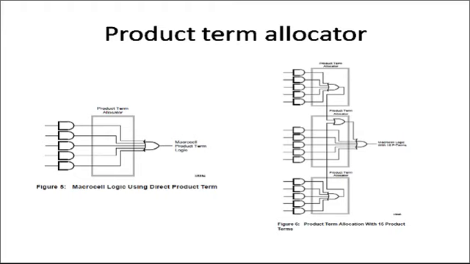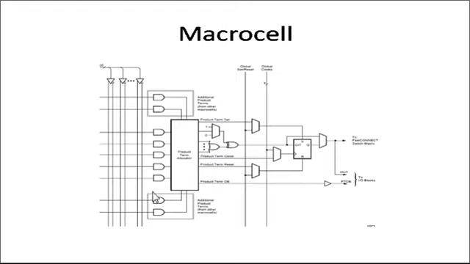Listen carefully, I have not shown you the programmable AND array only because it is just vertical lines and horizontal lines, and at every crossing you will have a programmed connection, which I already explained when I explained the PAL. That is the programmed connection associated with the AND gate that you can make. That's why this portion is called a programmable AND array, and that's why I have not included it over here.